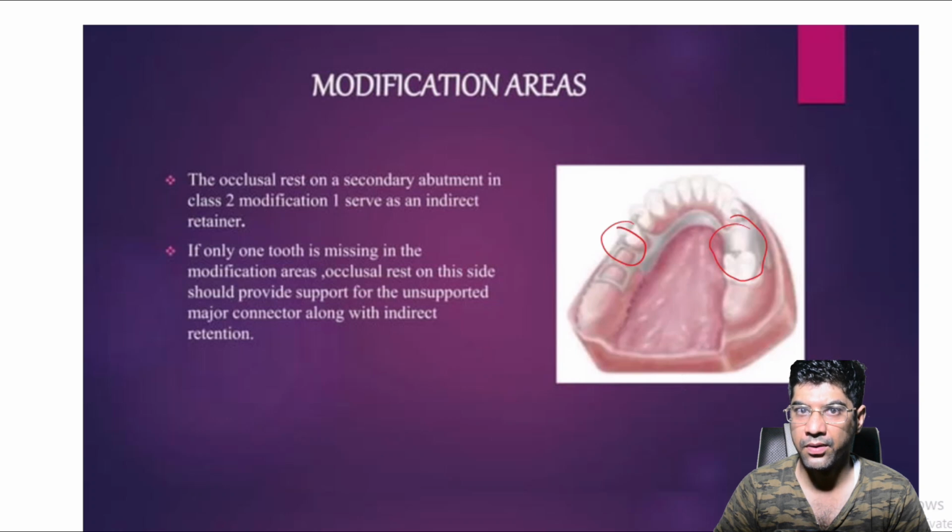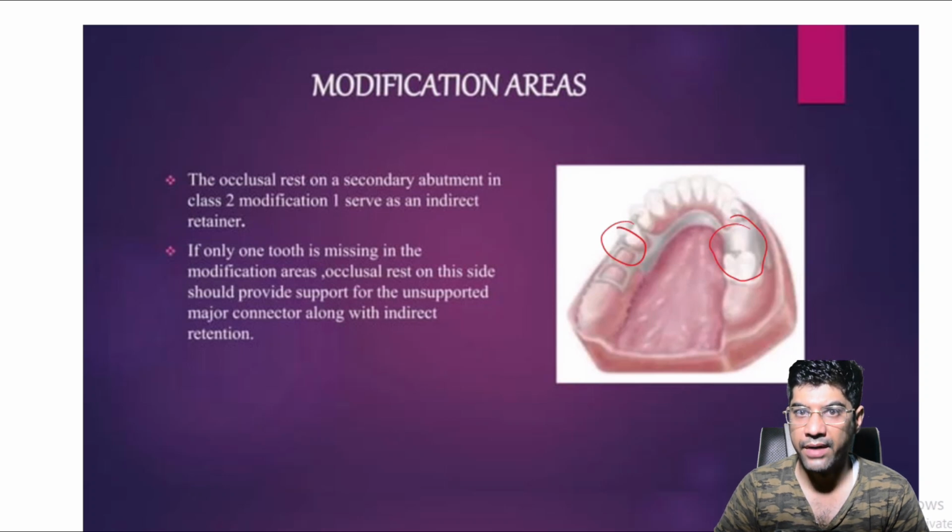An occlusal rest on a secondary abutment can act as indirect retainer if it is far enough from the fulcrum line. In the mandibular class 2 modification 1 cases, if the teeth are missing, a rest on tooth 1-3 can be used as indirect retainer to support the major connector.